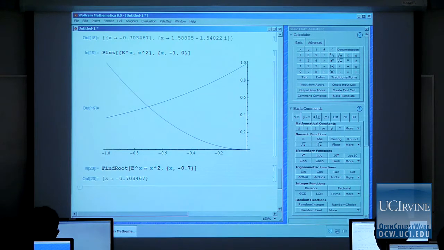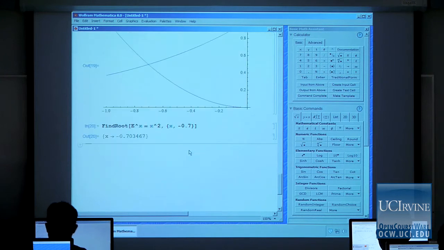And you see that we get the one that nsolve gave us. So find root is, in general, very, very good at finding the root without any superfluous information. That can be handy if you're looking for them one at a time.